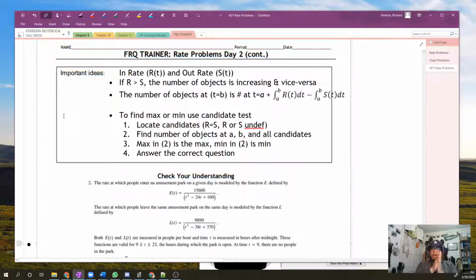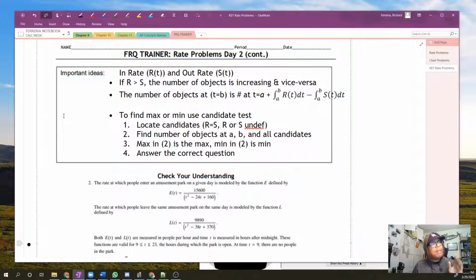And then finding out where the min and max is, use a candidate test. First of all, locate the candidates. Then you're going to find the number of objects, whatever it is that the rate is measuring, at A, B, and any of the candidates, where A, of course, is the beginning of the interval and B is the end of the interval.